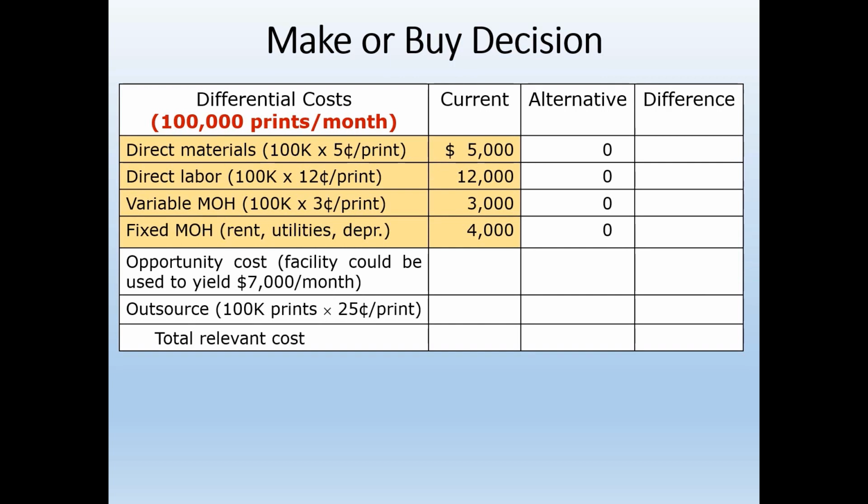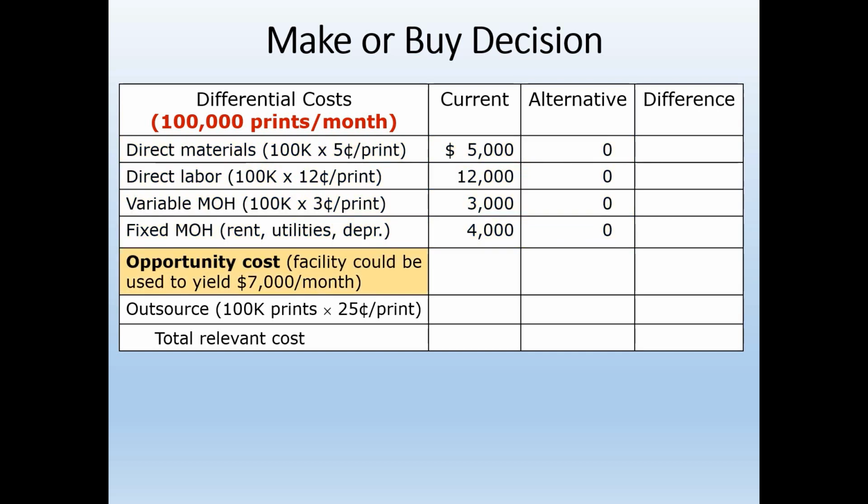If the firm decides to continue making the prints, then its manufacturing costs would be exactly the same as in the previous example. And of course, those costs wouldn't exist if the firm decided to outsource the print function.